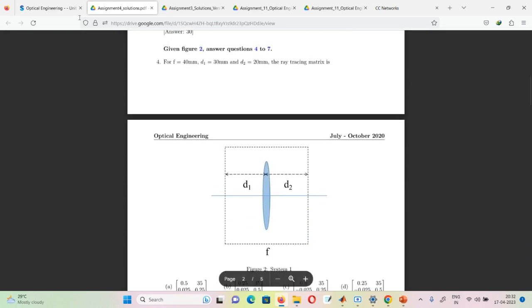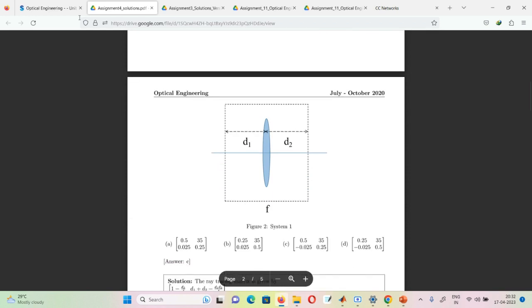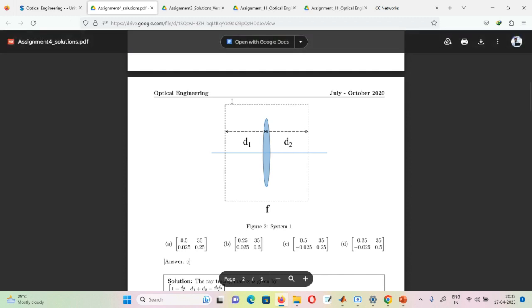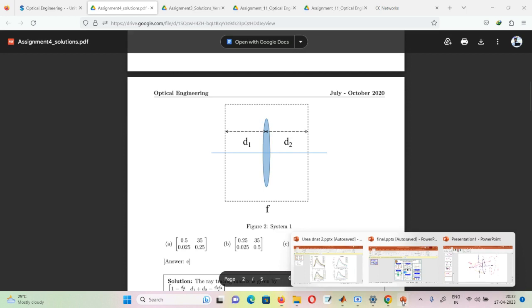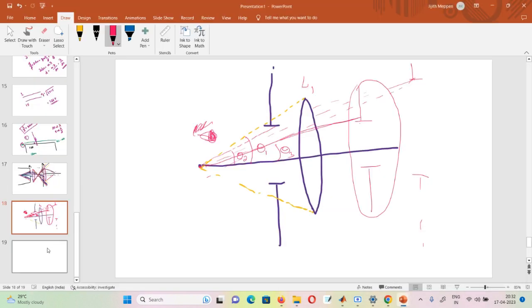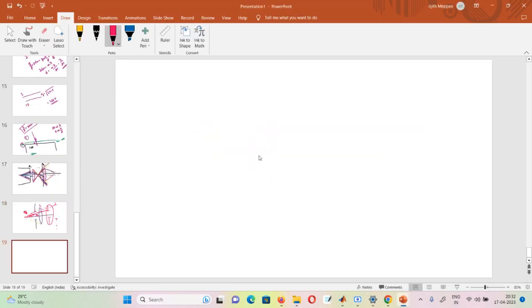What you are defining is some particular lens or an optical system. It's a combination of different lenses. There can be a lens or an optical system, a combination of lenses, or a thick lens.